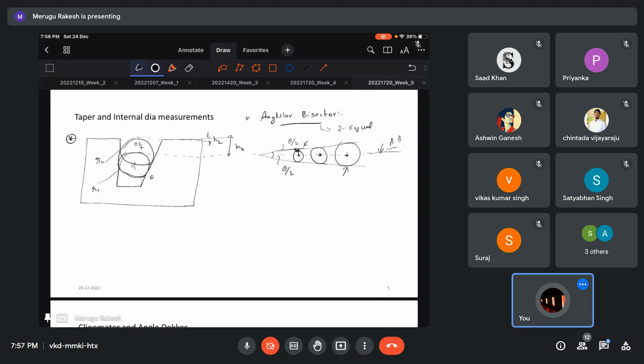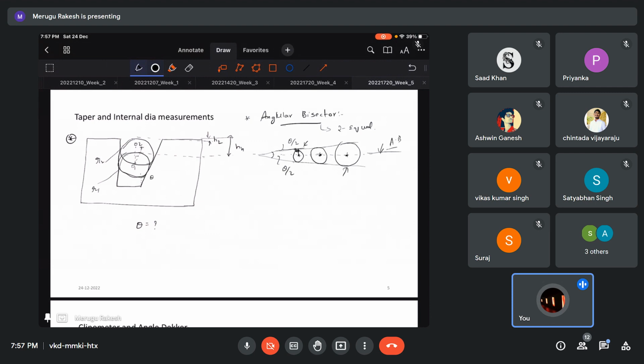Now, can you give me this theta? Are these balls coincident, one to one? No, they are not coincident, because the other surface is half tapered. That's why I have shown some deviation here.